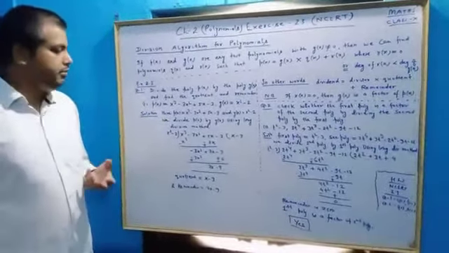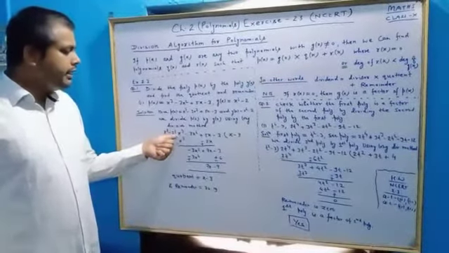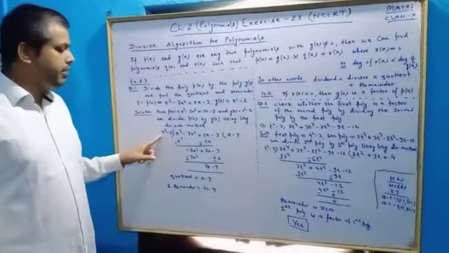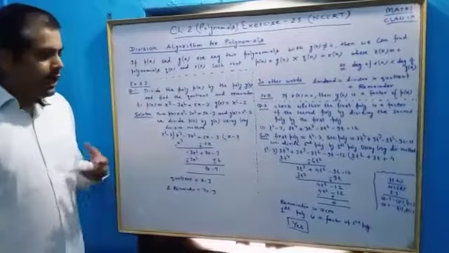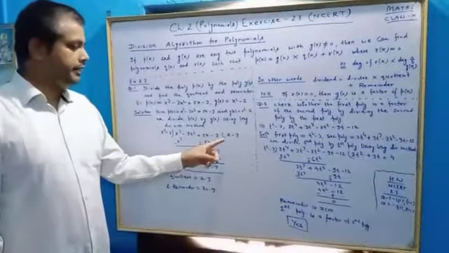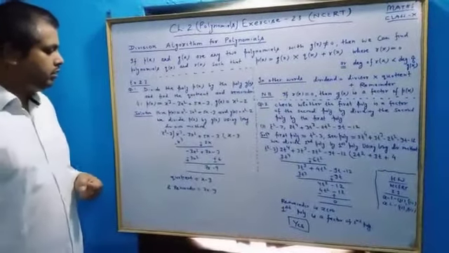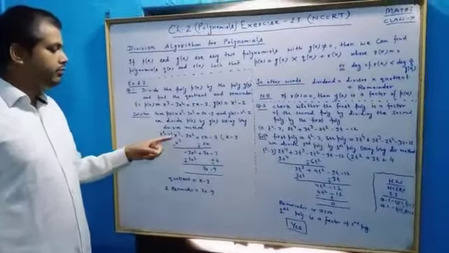Here the first term of dividend is x cube and the first term of divisor is x square. Now we have to find the first term of quotient. How can we find it? For this, we divide the first term of dividend by the first term of divisor.